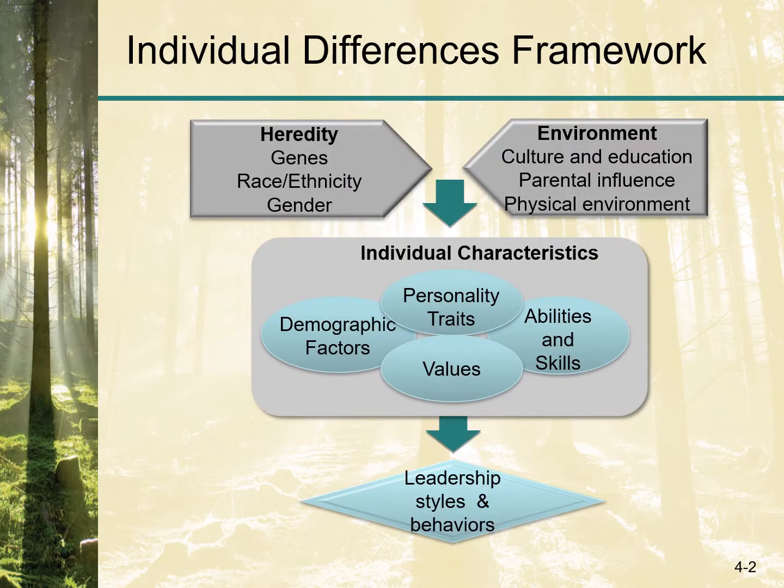Chapter 4 is about how traits interact with leadership, or put another way, how traits can lead to effective or ineffective leadership styles and behaviors. I just want to preface this chapter's topic by saying that we've already talked about how traits are a very incomplete picture of leadership effectiveness, because of the whole contingency model where you need to look at situation as well.